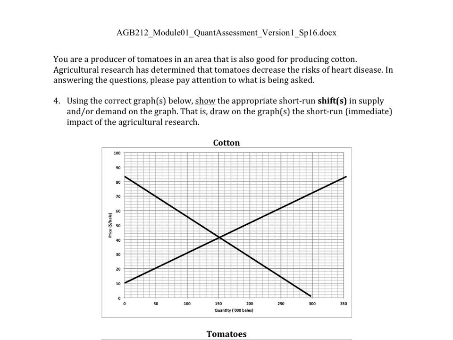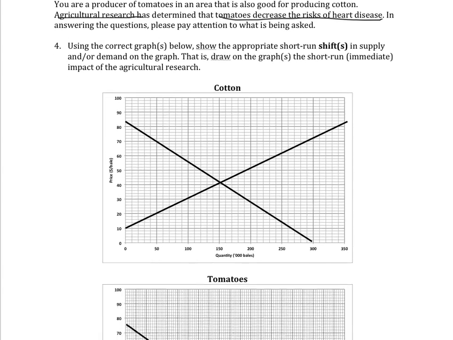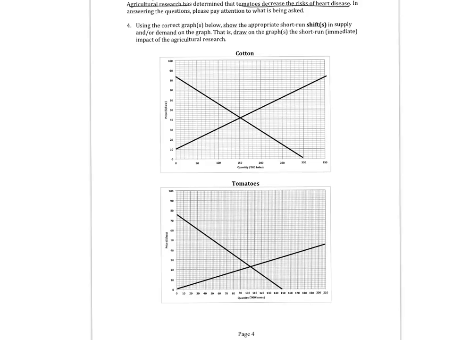Okay, so this question is one of these questions where I give you some information. In this case, what I'm giving you is information regarding agricultural research and indicating the impact of tomatoes on the risk of heart disease. So what I'm giving you is information, but I'm giving you two different markets here, and what you have to do is figure out which of the markets is impacted.